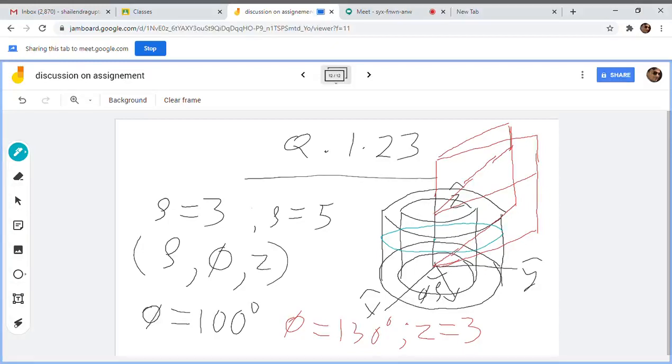So we can draw this another surface. Okay, and then there is another surface which is placed at z is equal to 4.5. Z is equal to 4.5. So let us say the top surface here represents z is equal to 4.5. Okay, so this is z is equal to 4.5 and this is z is equal to 3. So what will your section be now?